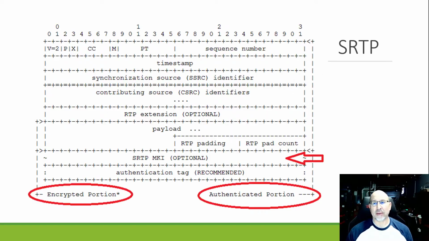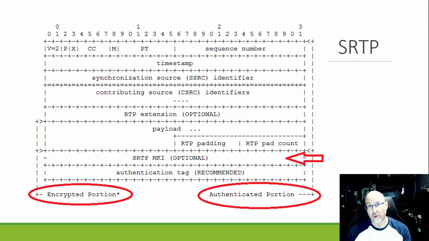So this is an example, right from the RFC, of what it looks like. And we can see that I've highlighted the encrypted portion. What this really means is that the header is not encrypted, so all that we're encrypting is the payload. So a bad guy intercepting this would not be able to decode this. Now, the other part of this is the authenticated portion. Remember that when you do an authentication code, you're just doing a mathematical calculation.